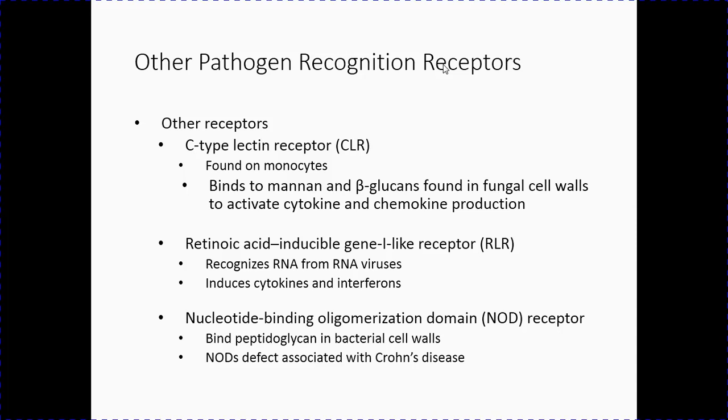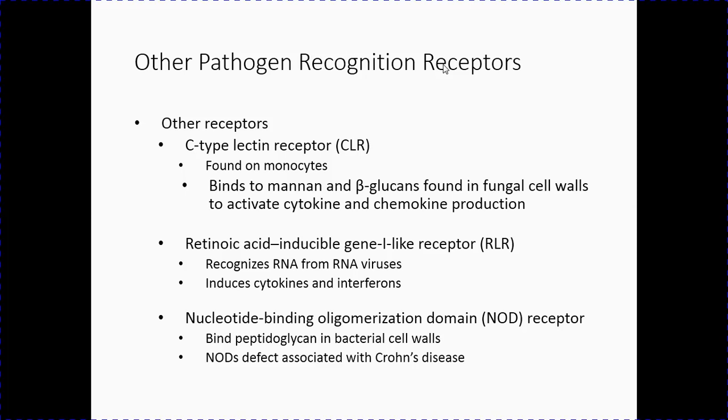And then another kind of pathogen recognition receptor that we're going to look at is the nucleotide binding oligomerization domain. Let's call it the NOD receptor. The NOD receptor binds a peptidoglycan in bacterial cell walls. And we see this as associated with Crohn's disease if there's a defect in the NOD receptor.